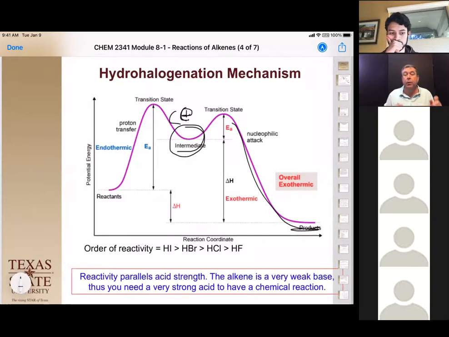The proton in HI is more acidic than the proton in HBr. Therefore, it is more electrophilic. Therefore, it reacts faster. And so it's HI, HBr, HCl, and HF. It follows exactly along with our pKa's. So that's why acid strength is important in this particular system.